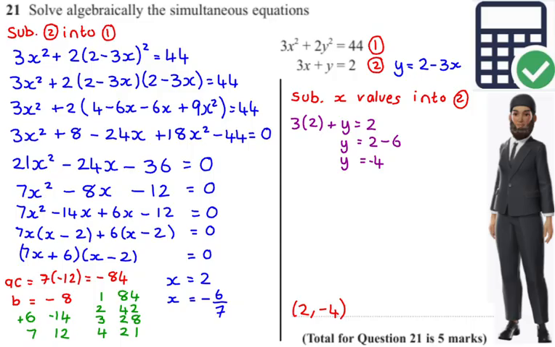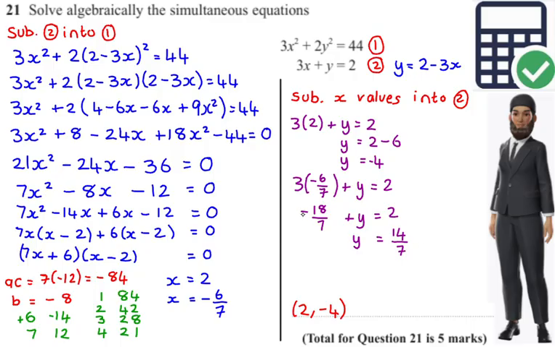Right, so let's try it for the next one then. You've got 3x and your x value is minus 6 over 7, plus y is equal to 2. That's going to give us minus 18 over 7 plus y is equal to 2. And then what I'm going to do is convert 2 into a denominator with 7. So 7 times 2 is 14, so you end up getting 14 over 7, that's the same as 2.